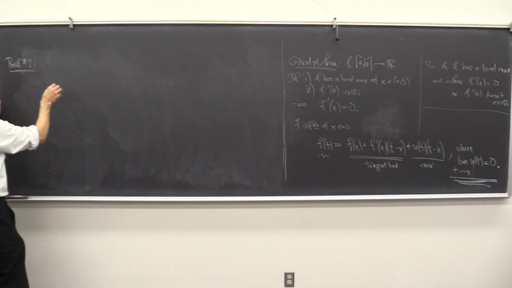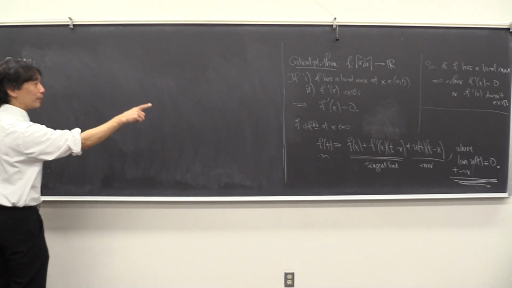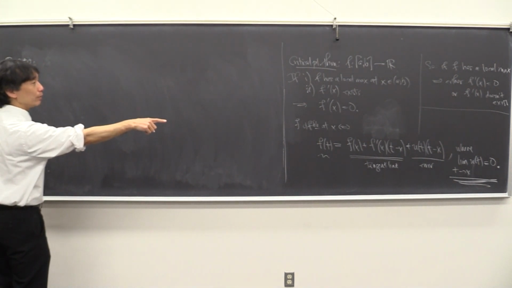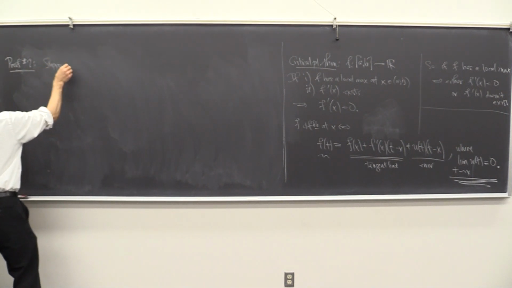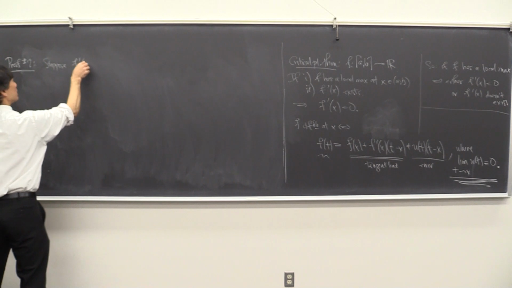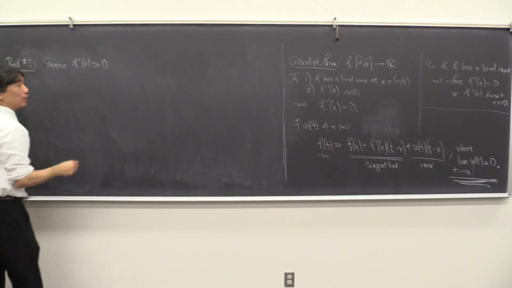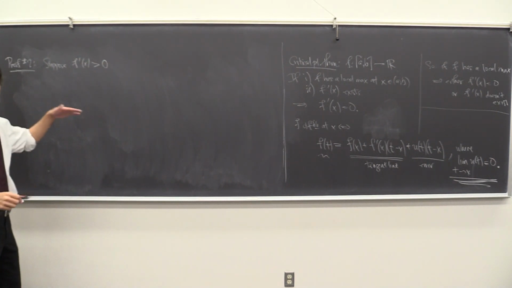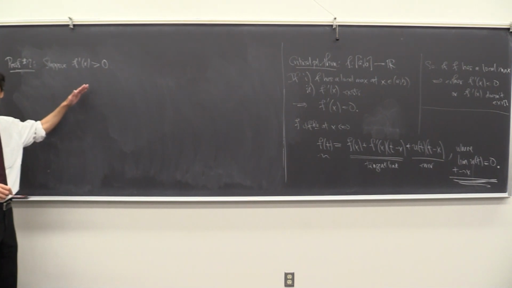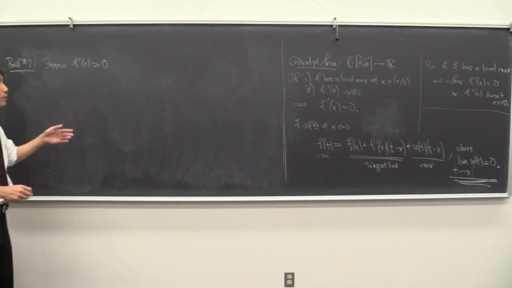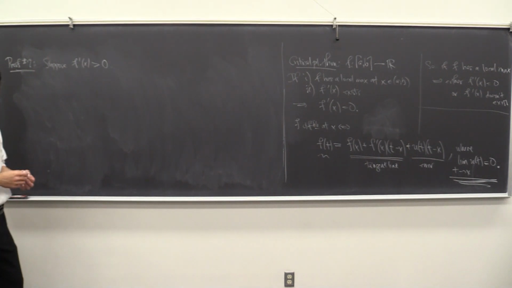So you say, well, look, f differentiable at x means that this sort of thing happens. Well, suppose that f prime x is positive, and we'll get a contradiction. And then, of course, if it were less than 0, we'd also get a contradiction. So this is a more complicated proof, but I think it's more intuitive.